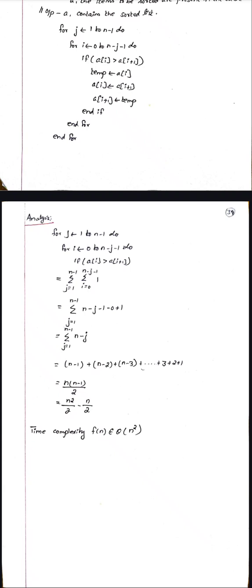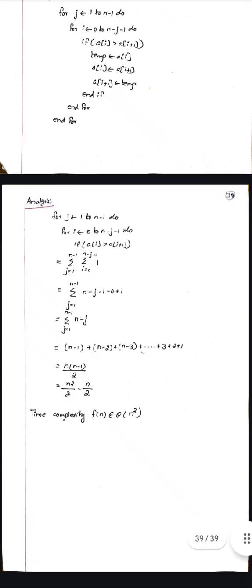Then summing n minus j gives n minus 1, n minus 2, n minus 3, like that up to 3 plus 2 plus 1.